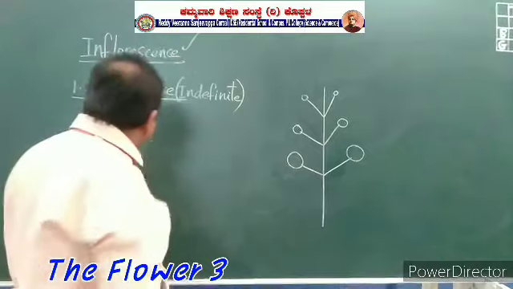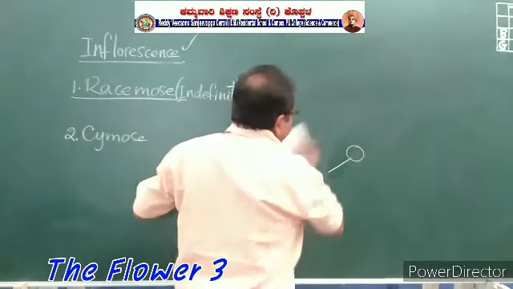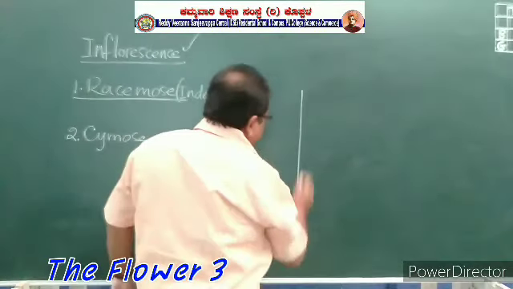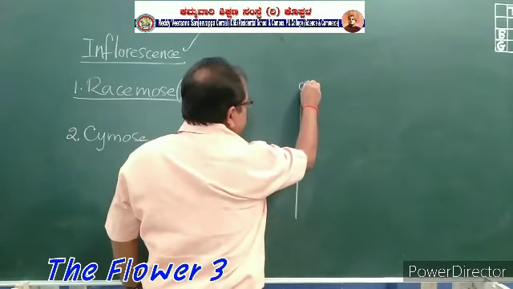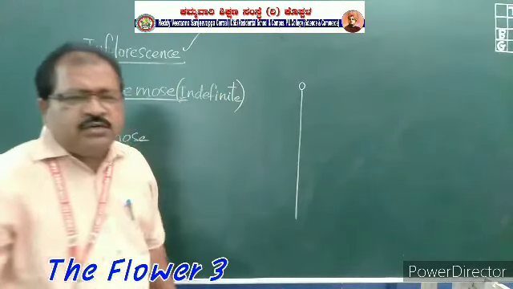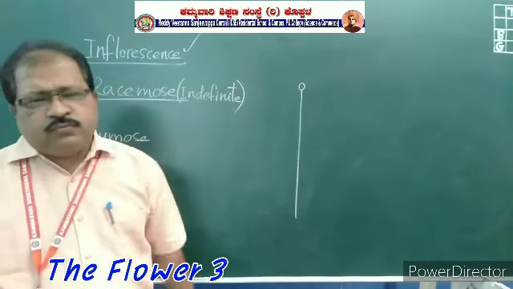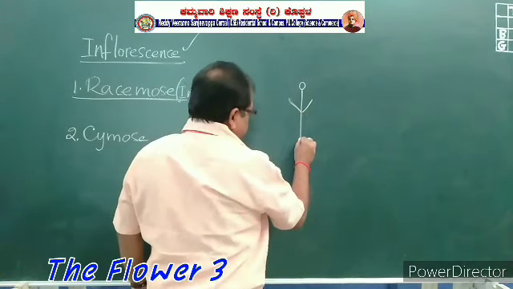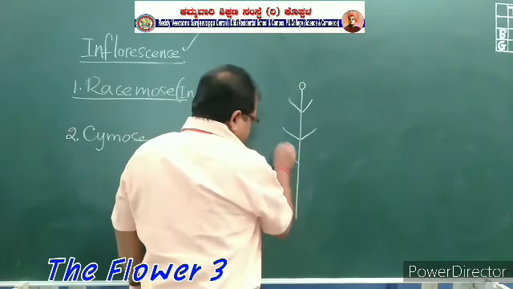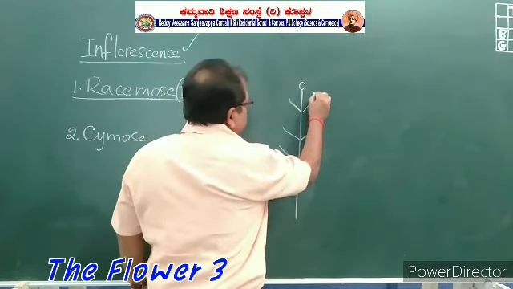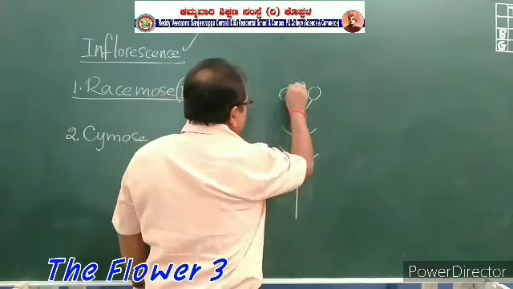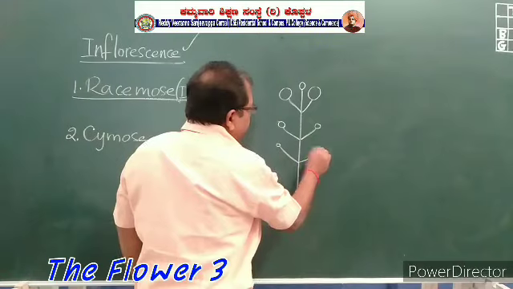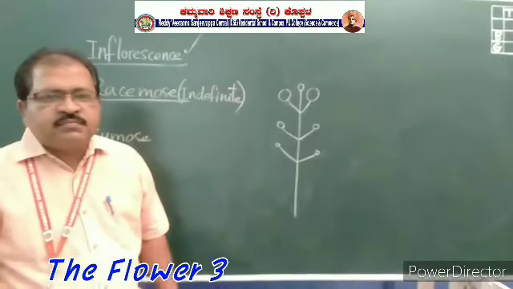And the next one is cymose inflorescence. In this, at the shoot of the plant, a flower will be grown, and next the flowers will be grown like this, with old flowers at the top and newly formed flowers lower.